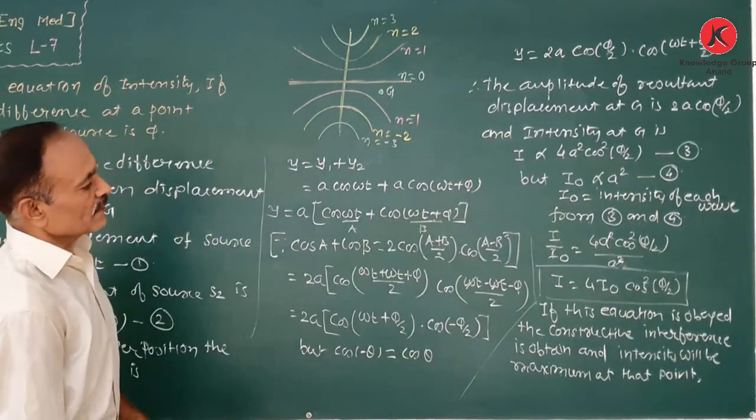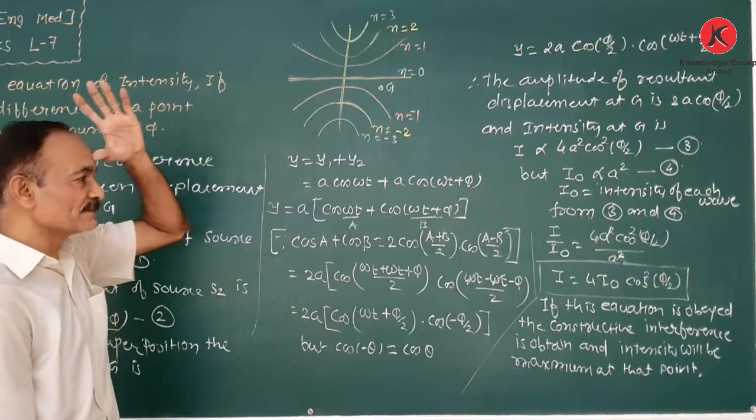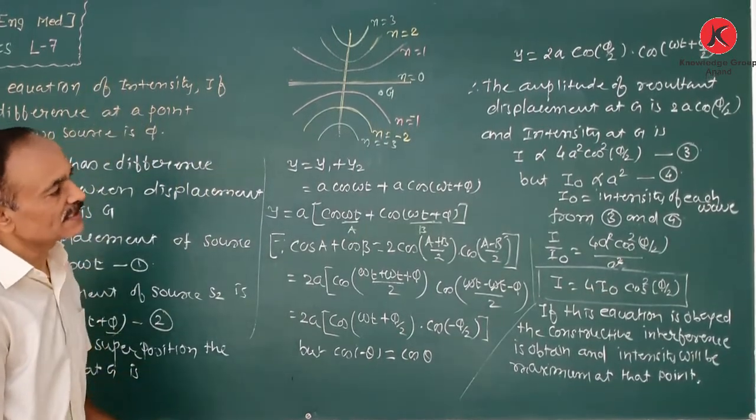So that is the equation of the intensity at this point where the phase difference between the displacements of the two sources is phi.